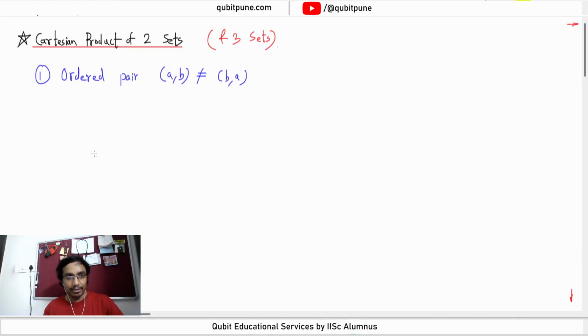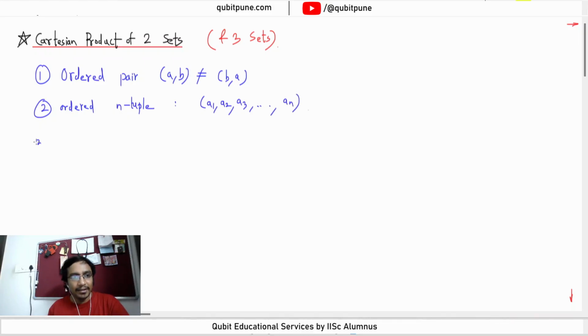The generalization is the ordered n tuple. So ordered pair, ordered triple, ordered quadruple, and in general, ordered n tuple: A1, A2, A3, so on till An.